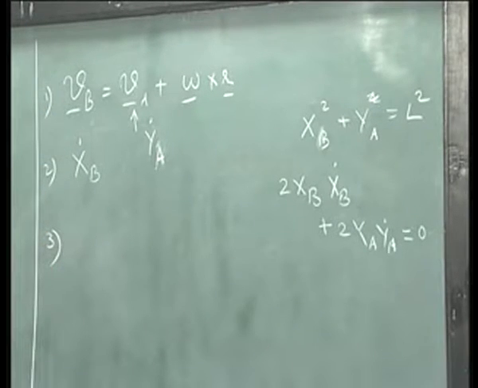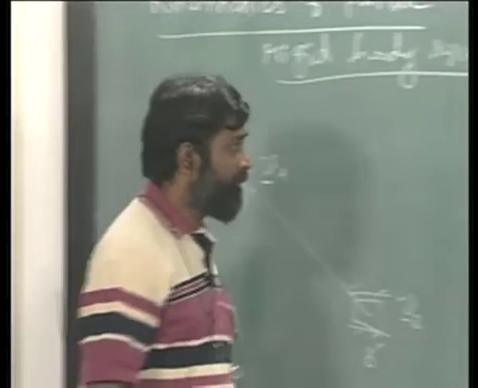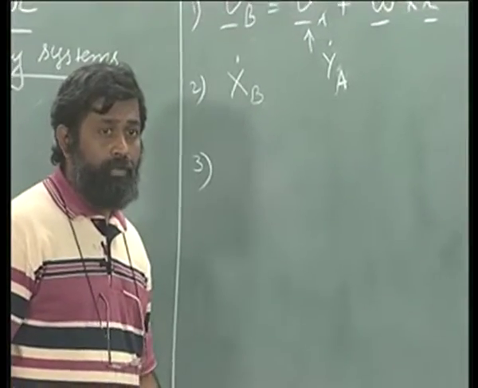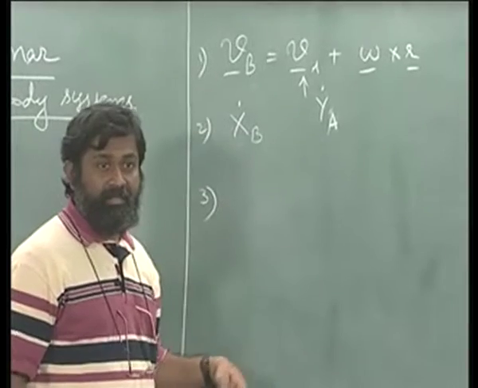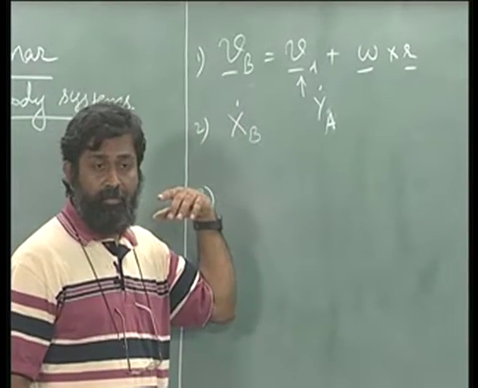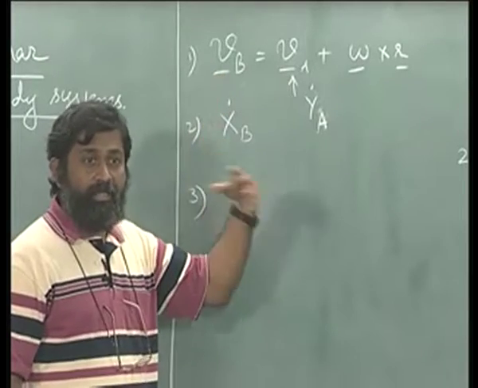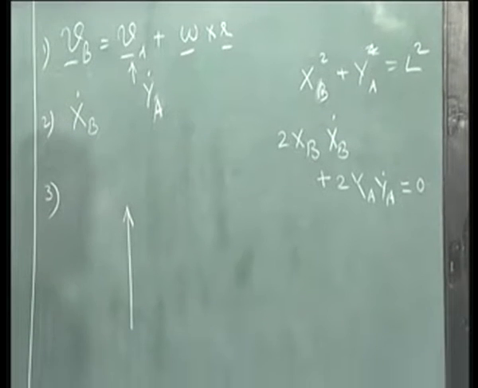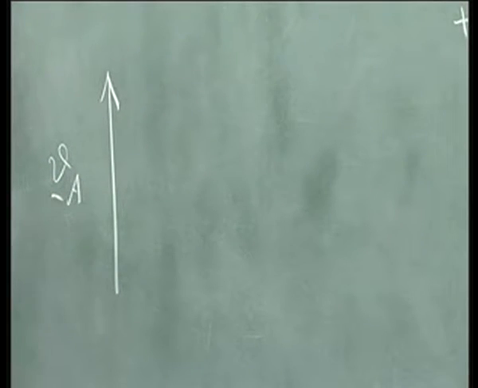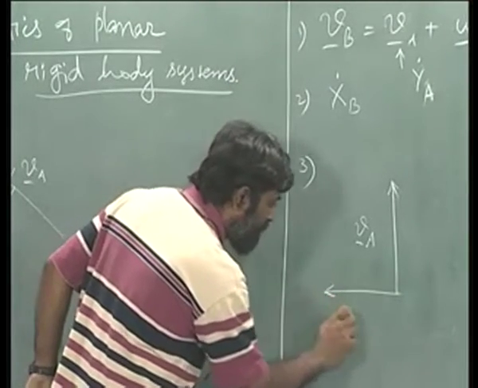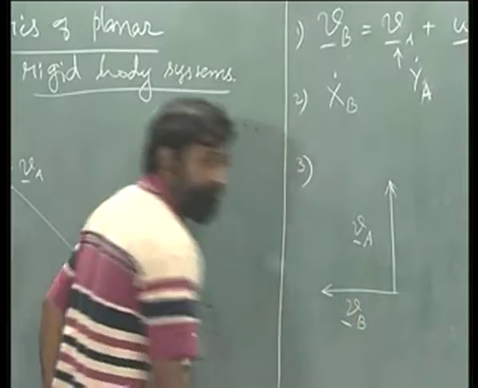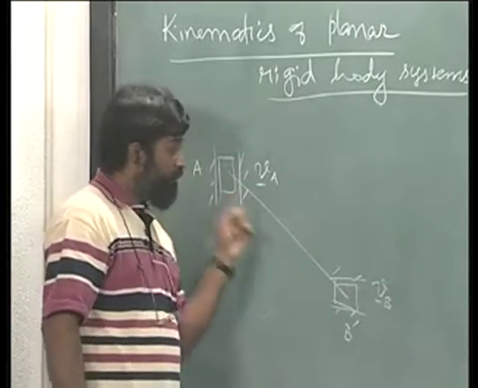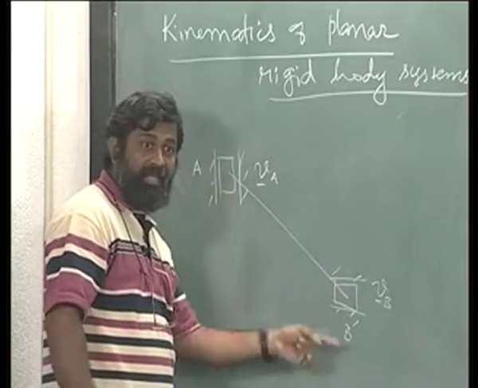There is also a third way of doing it, which is often seen in many of the textbooks. Do I know the direction of velocity of A? The answer is yes. Do I know the direction of velocity of B? The answer is yes. So, let us say this is the direction of A. Geometrically speaking, this is the velocity of A, and I have this which is VB. Remember, this is perpendicular to this line AB.